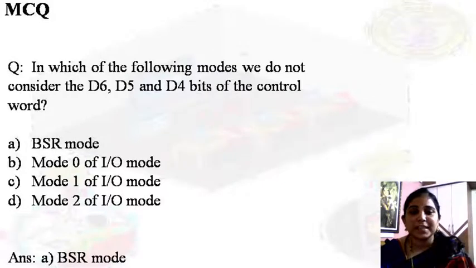Next question is, in which of the following modes do we not consider the D6, D5, D4 bits of the control word register? The first option is BSR mode, second option is mode 0 of IO mode, third option is mode 1 of IO mode, fourth option is mode 2 of IO mode. The right answer is option A, BSR mode.